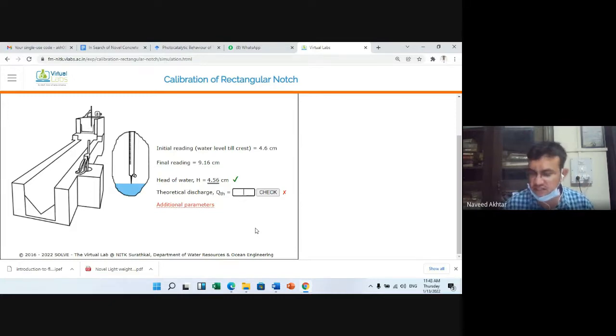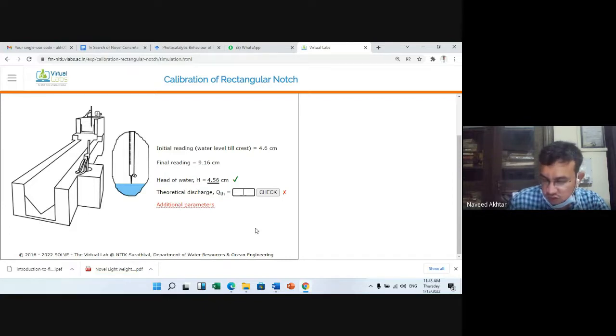Please give me the correct reading quickly. The difference is 0.0456 meter, and L is 0.151 meter.